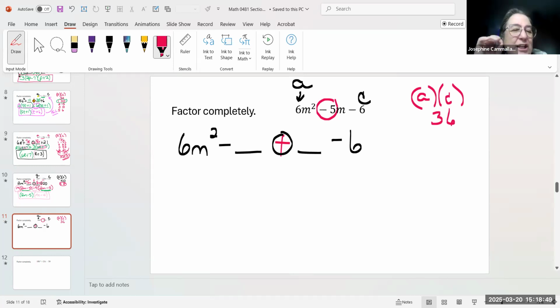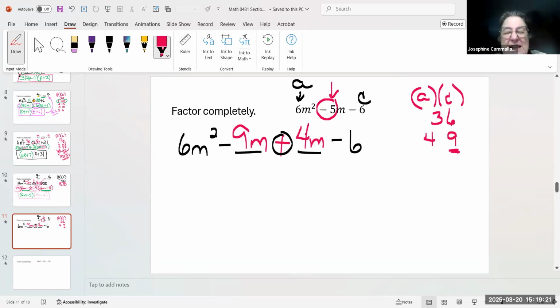Now, as you get good with factoring, you should be able to automatically think of the factors that make 36, but subtract to get 5. Hopefully you know it's 4 and 9. And remember, this 9 has got to sit here because 5 is negative.